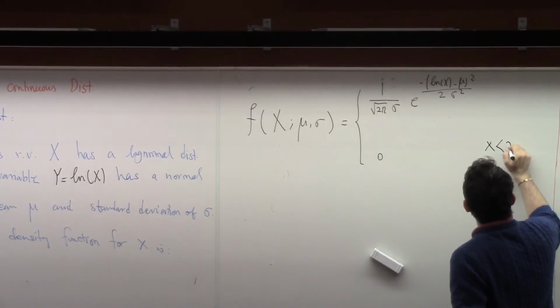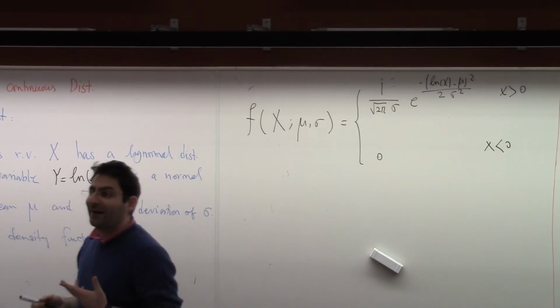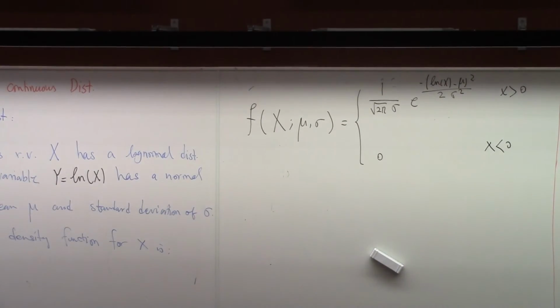If x is less than 0, we are 0 because we don't have the ln of a negative number. And if x is positive, we have this.